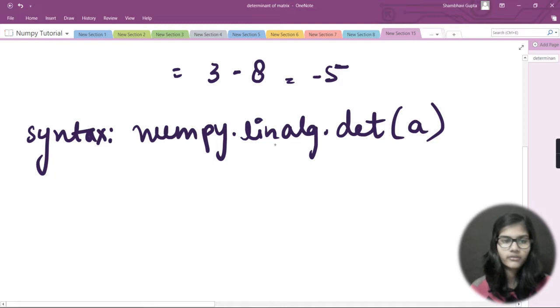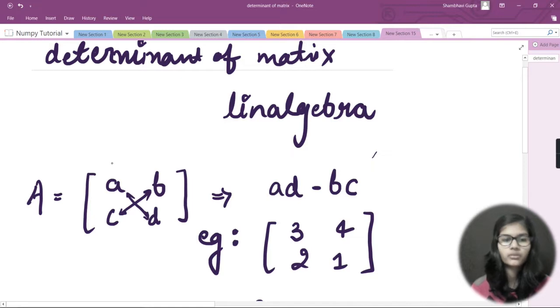The syntax for using the determinant function is numpy dot linalg dot det, and in the bracket I have written A. This is the syntax for finding the determinant of a matrix. So this was how we find the determinant of a 2 cross 2 matrix. When I take the example for the 3 cross 3 one, I will explain the same thing.